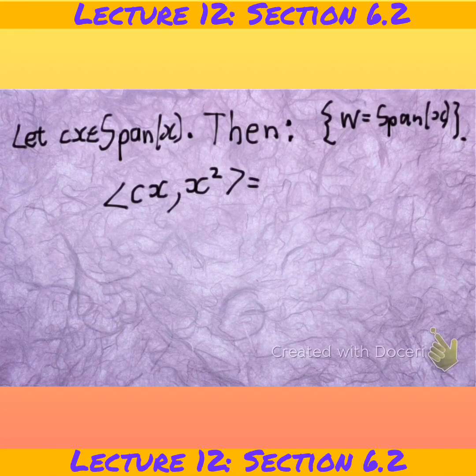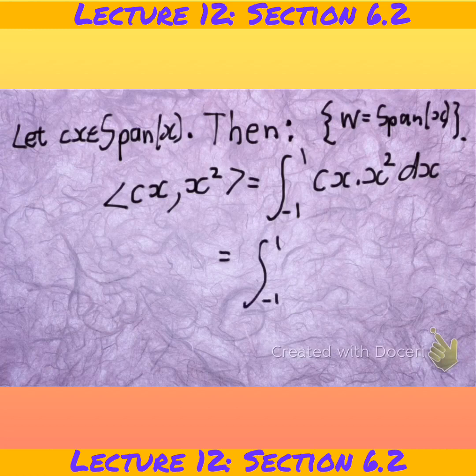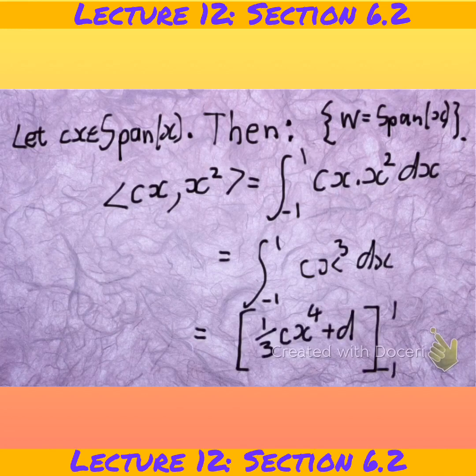Right, so by definition, that's the integral from -1 to 1 of the function cx multiplied by x squared. And so that is the integral from -1 to 1 of cx cubed. And that's a simple integral to work out. Working that integral out, we get a quarter cx to the 4 plus d, where d is an integration constant.